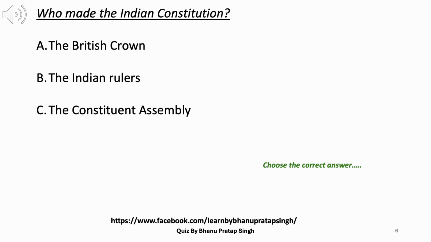Who made the Indian Constitution? A. The British Crown. B. The Indian rulers. C. The Constituent Assembly. Answer: C. The Constituent Assembly.